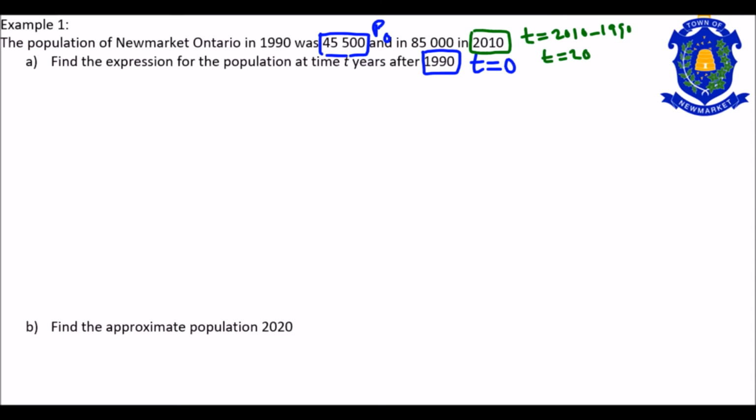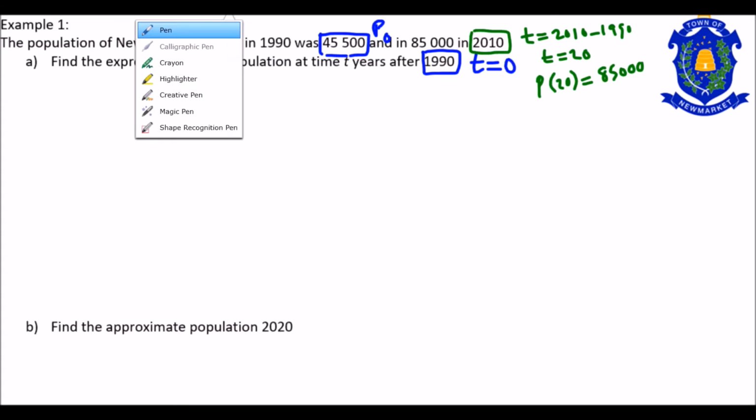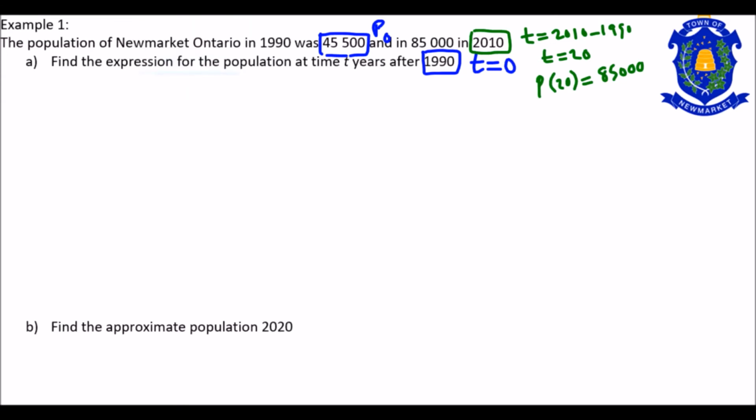How is that helpful, Mr. Wills? Because now we know that P of 20, the year 2010, is equal to 85,000. If you want to look this up, it's actually the truth. The population in Newmarket was 45,500, and in 2010 it was 85,000.